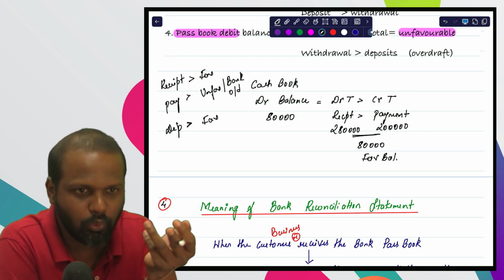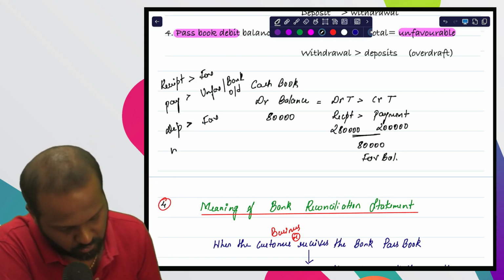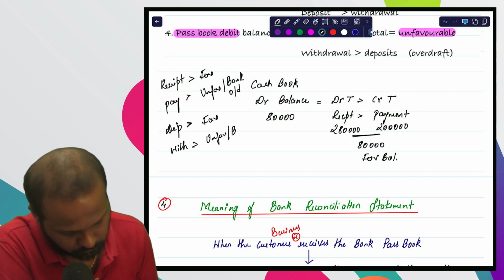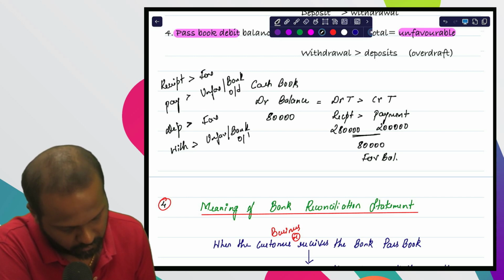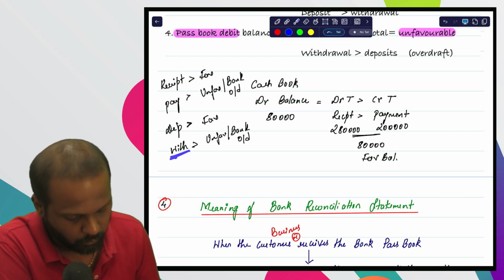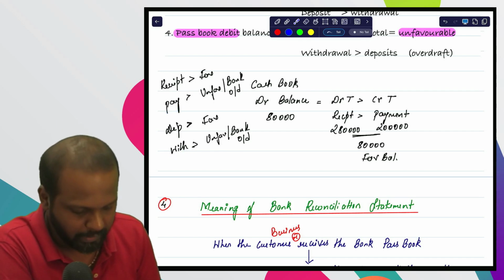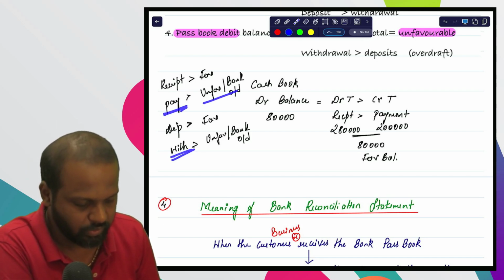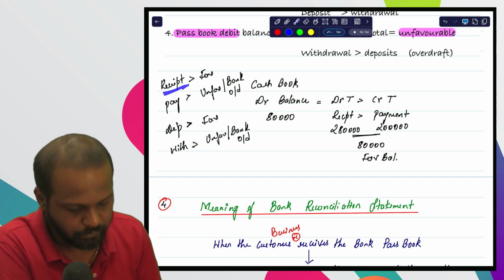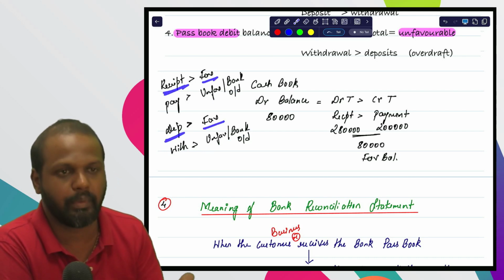Money deposited is more, then it's favorable. Suppose they say withdrawal is more, then it's unfavorable, or you can say bank overdraft. Withdrawal is something like a payment. If payment or withdrawal is more, it is unfavorable. But if receipts or deposits are more, then it is called favorable.